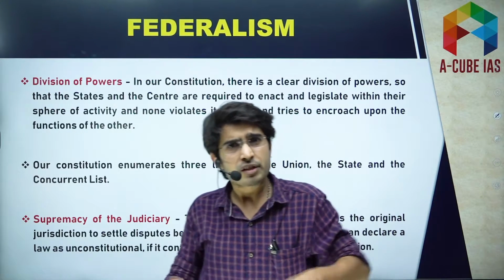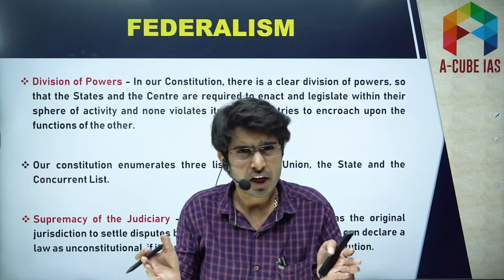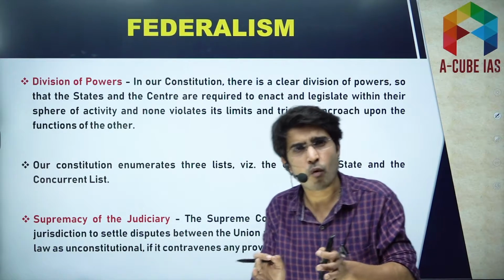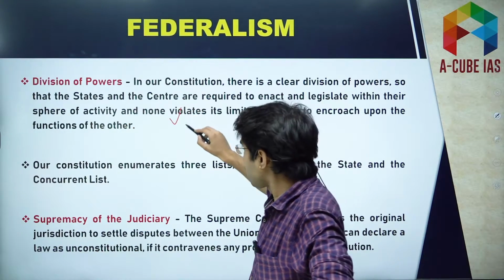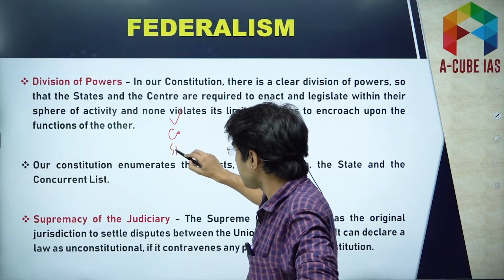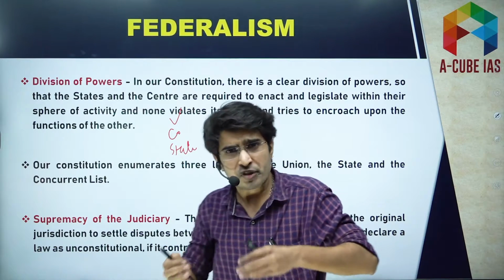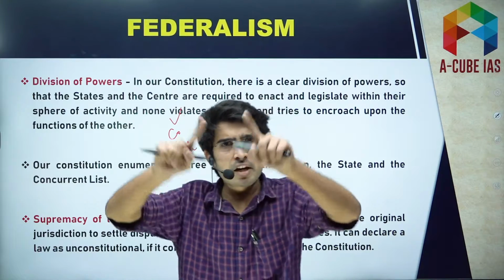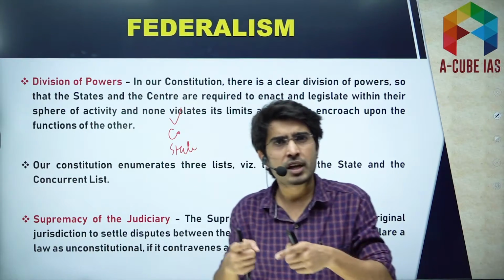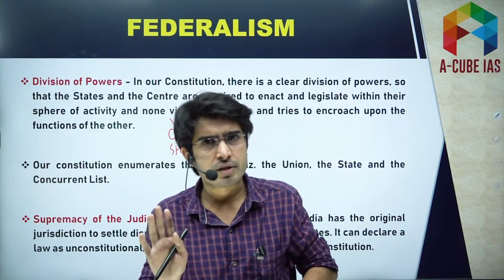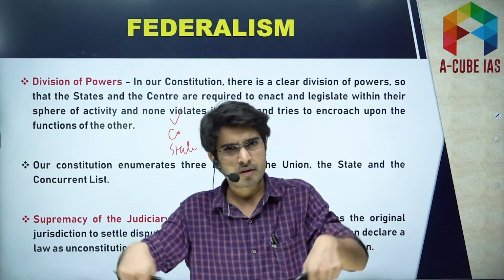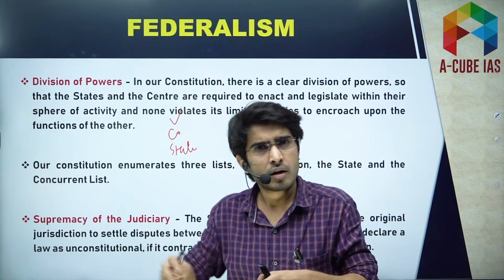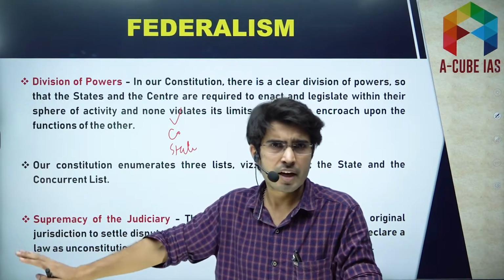Now there is this division of powers. It means the constitution provides for three lists: union list, concurrent list, and state list. Subjects which concern the nation as a whole are dealt with by the national government, and subjects which concern the region are handled by the state governments.